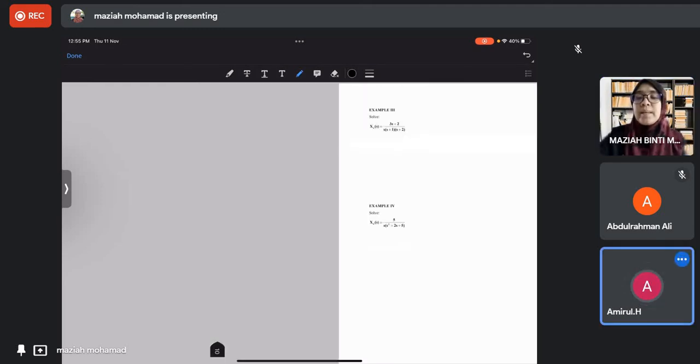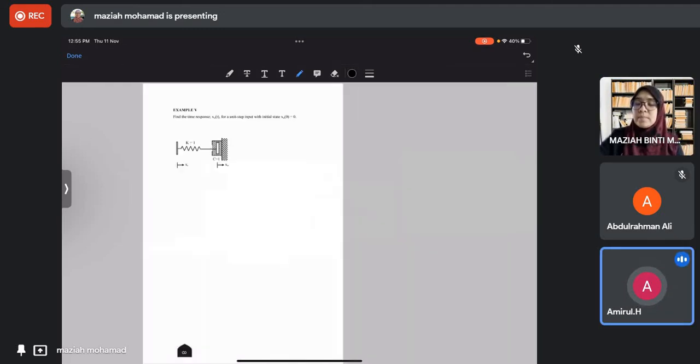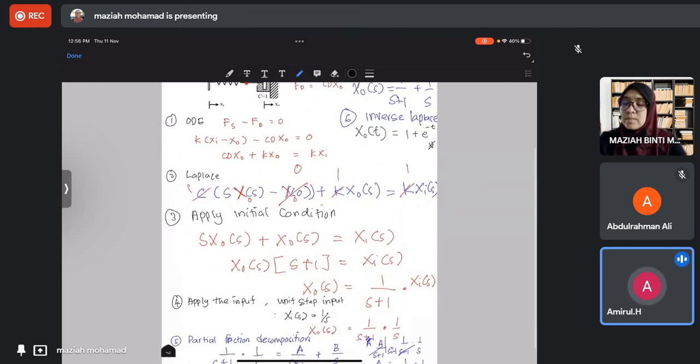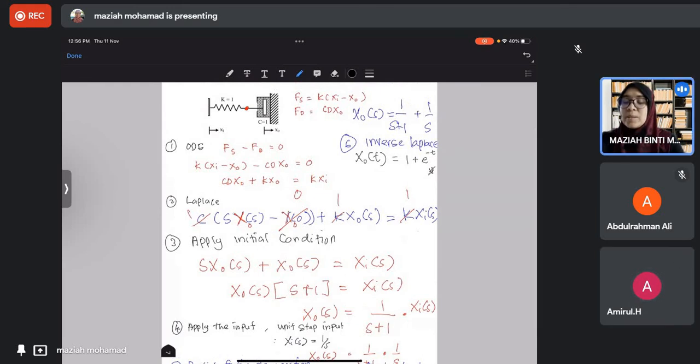Doktor? Yes. Yang tadi kita dapat tu X naught t, 1 plus e negative t tu, Y t lah tu kan? Yes, Y t lah tu. Tapi sebab dalam kita punya sistem, the output is X naught t, so saya tulis X naught t lah. Tapi kalau kita plot tu dapat lah graph tu lah? Yes. Okay. And this equation is specific for unit step input because we already apply a unit step input.